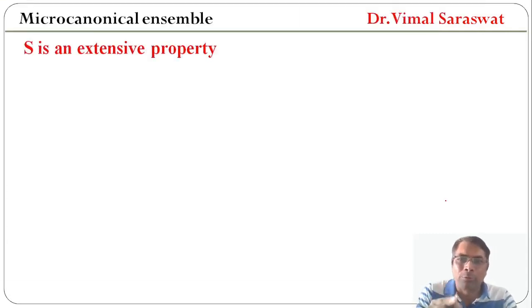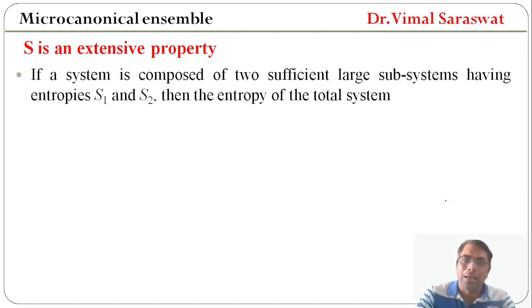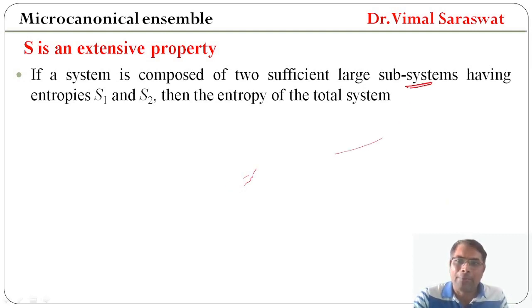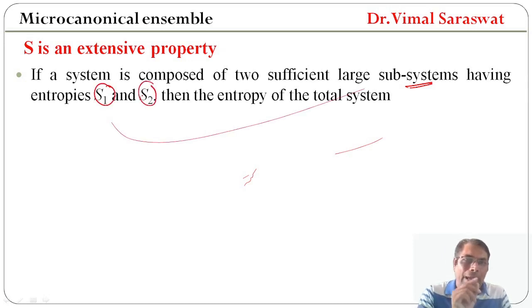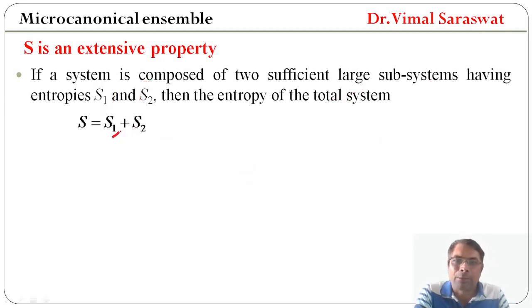Now we will prove that S is an extensive property. If a system is composed of two sufficiently large subsystems having entropies S1 and S2, then the entropy of the total system is given by S equals S1 plus S2.